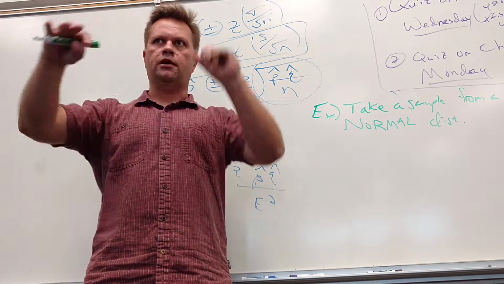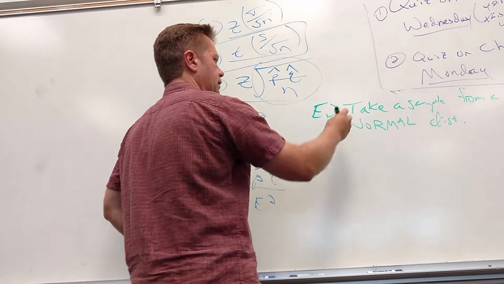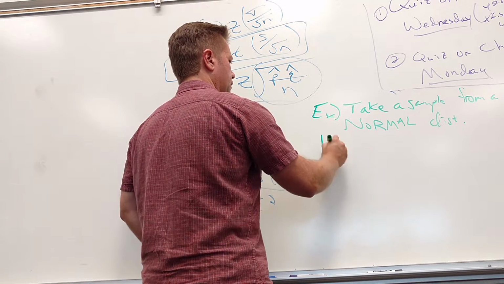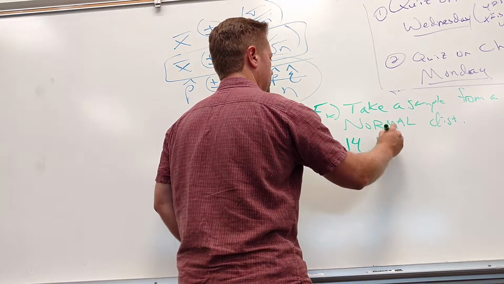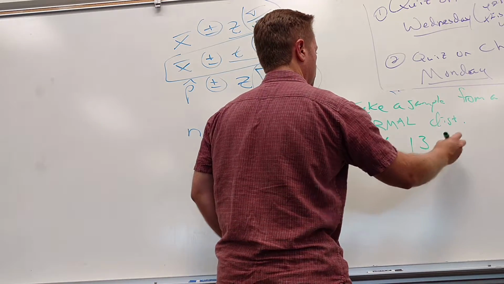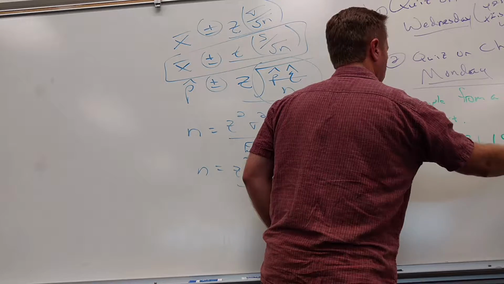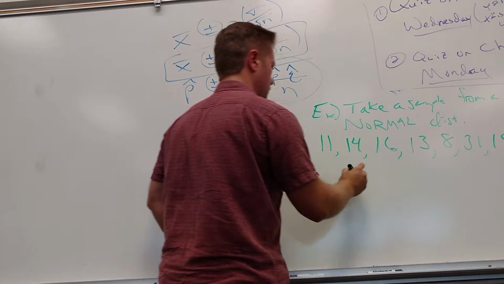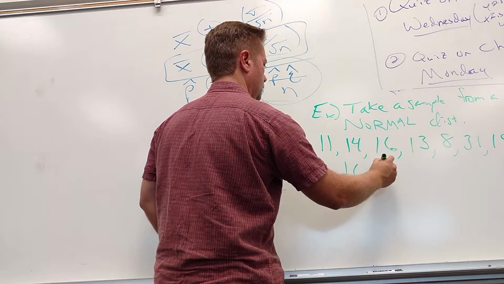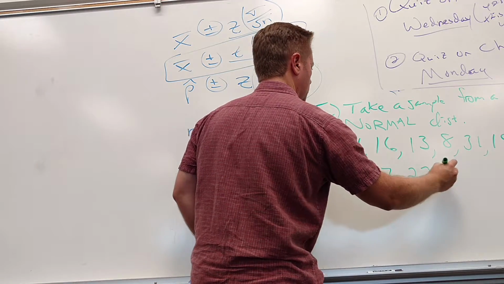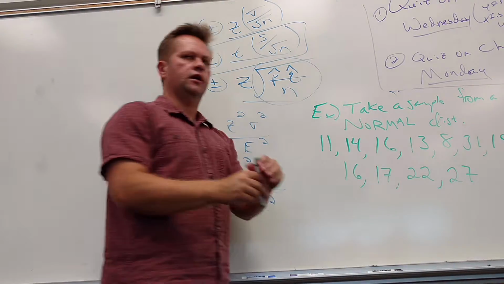Or like when I plot those means. Let's say I get these values from it: 11, 14, 16, 13. Can you guys see those?